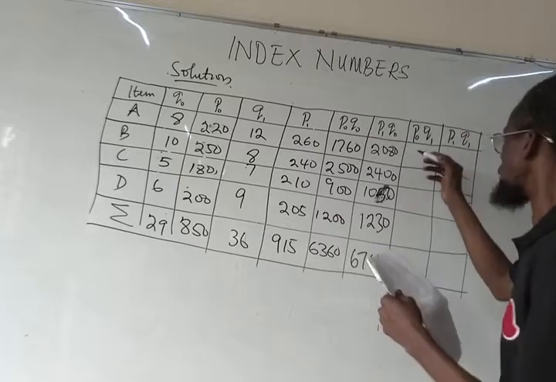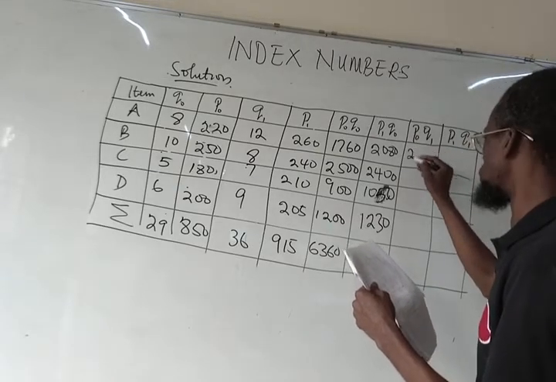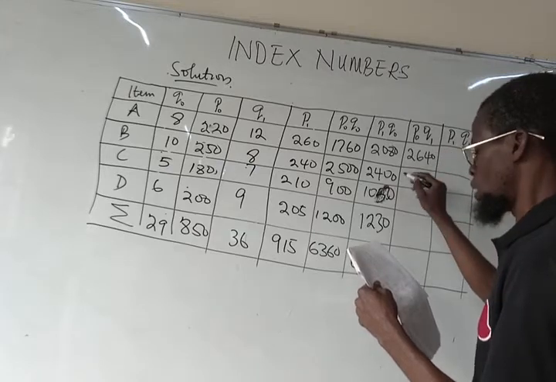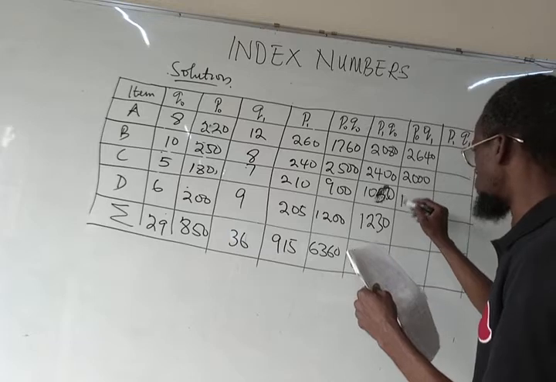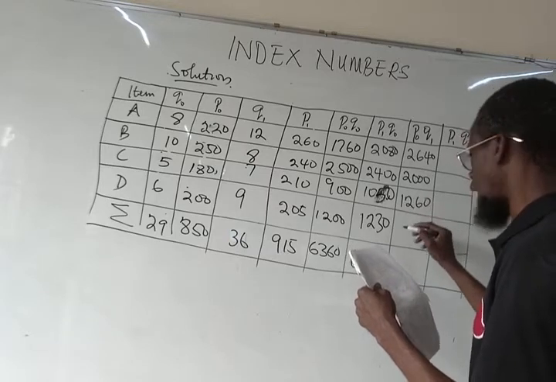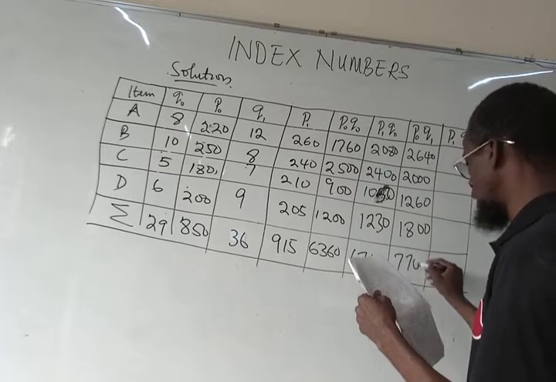So for this P0 Q1, I have 2640, then I have 2000, I have 1260, I have 1800, then the sum is this.